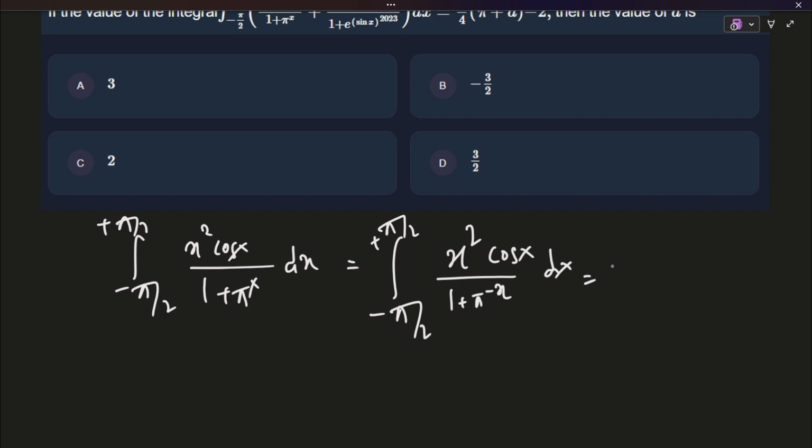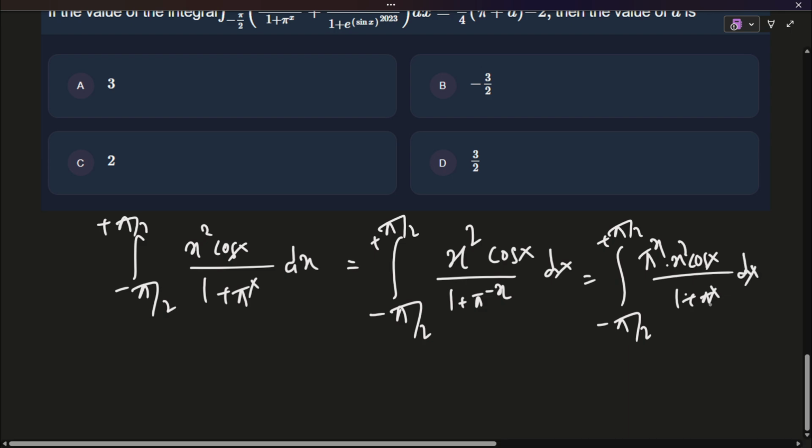Do the LCM and you should get pi to the power x, x square cos x by 1 plus pi to the power x dx. And again, if this is I, then this is I as well. Then obviously, if you add these two copies, 2I would be minus pi by 2 to plus pi by 2.